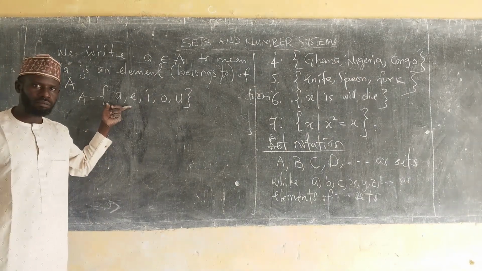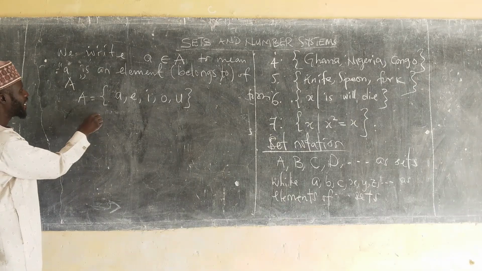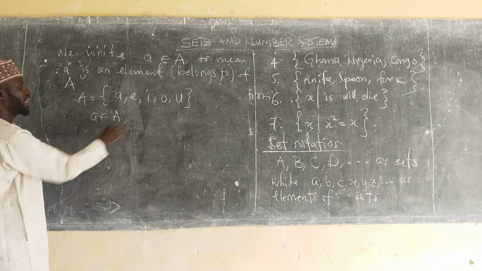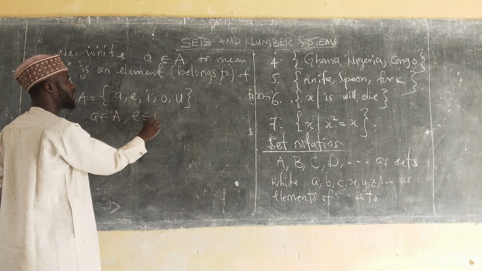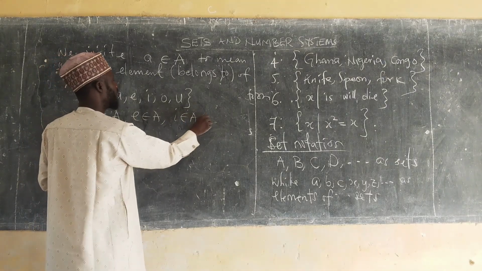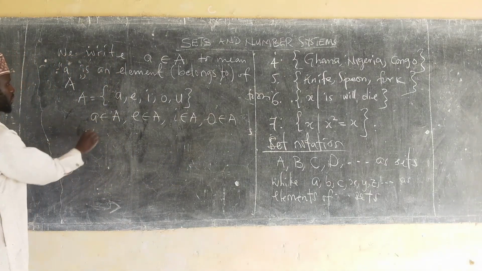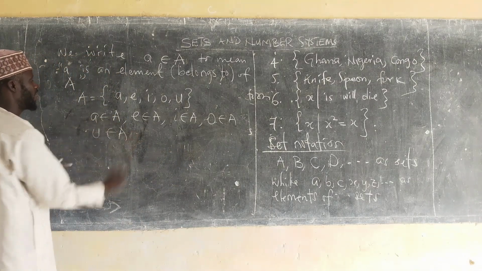So in this notation, you write a is an element of A, also e is an element of A, and then you can write i is an element of A, o is an element of A. Lastly, you say u is an element of A.